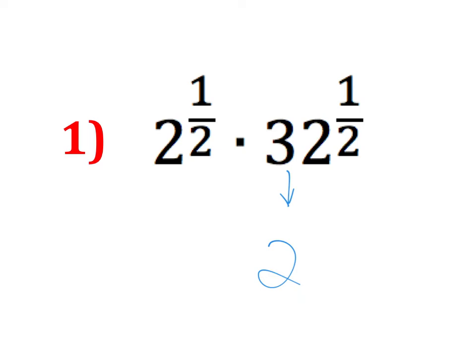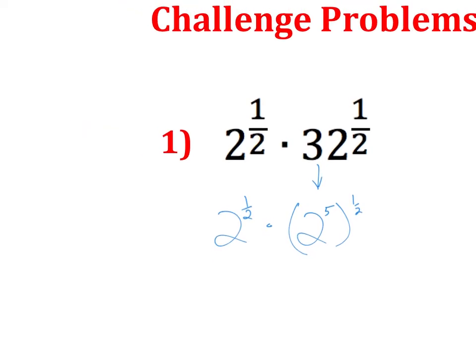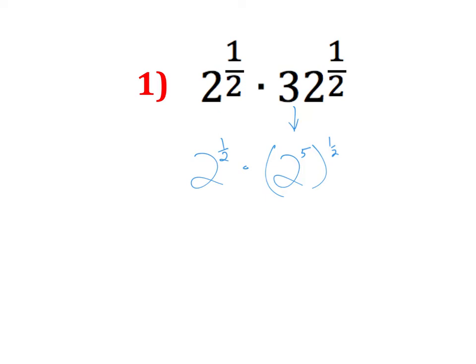So you're going to take the larger of the two bases and see if you can rewrite that as the smaller of the two raised to a power. So all I've done is change, instead of 32, I wrote that as 2 to the 5th. So now let's use what we know. We can multiply in that exponent, so I'll have 2 to the 1/2 times 2 to the 5/2.